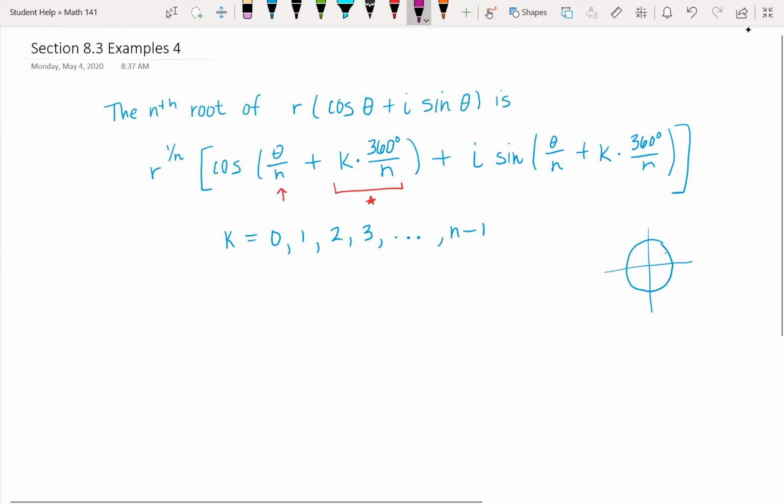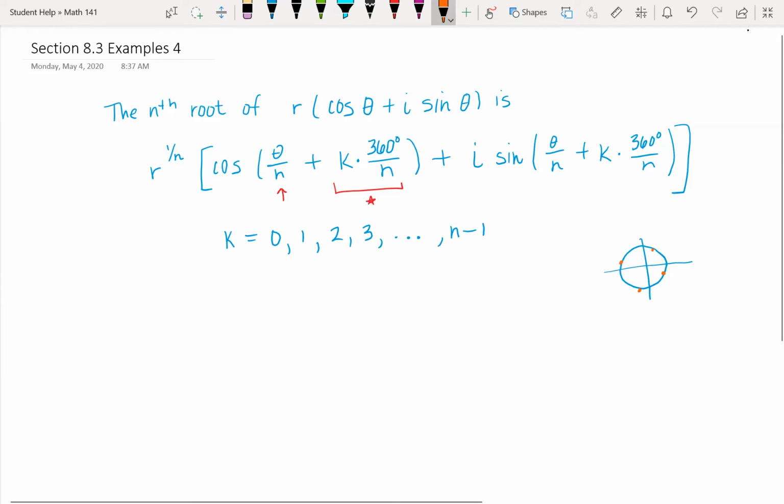So if the first one is here, the next one would be here, and then the last one would be here. They're all going to be 120 degrees from one another. And then if we're finding, let's say, 4th roots, they're all going to be 90 degrees away from each other. So if one is here, one is going to be here, one is going to be here, and one is going to be here. They're all going to be evenly spaced out.